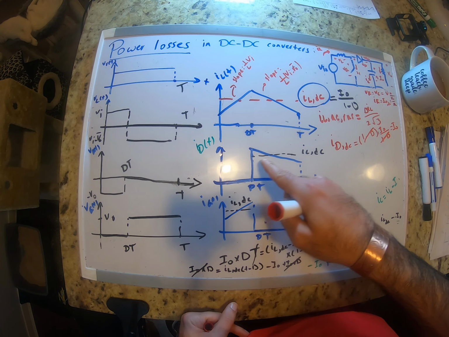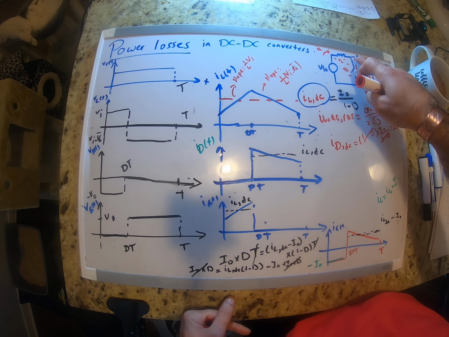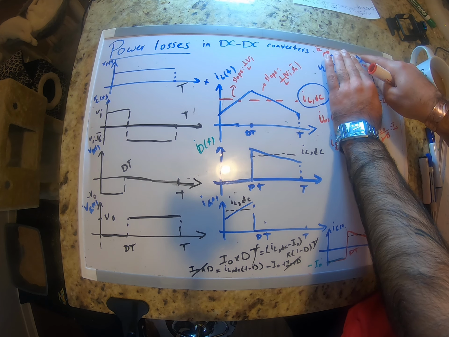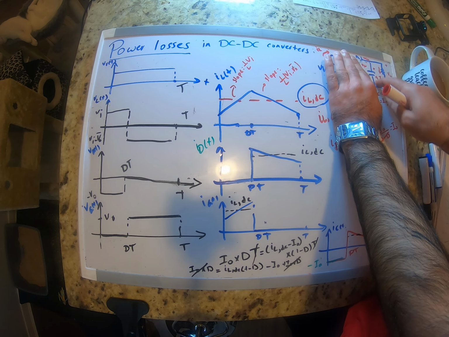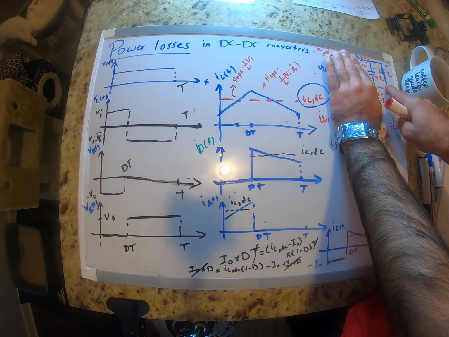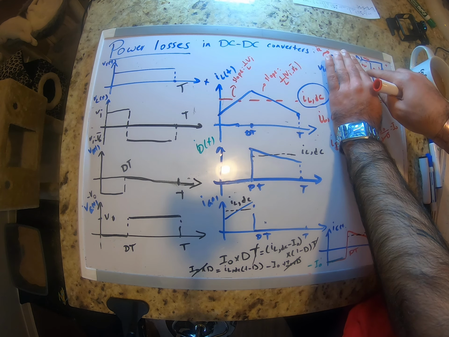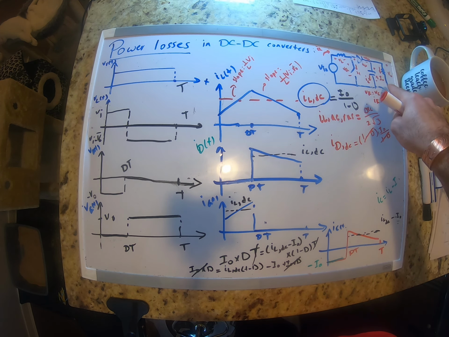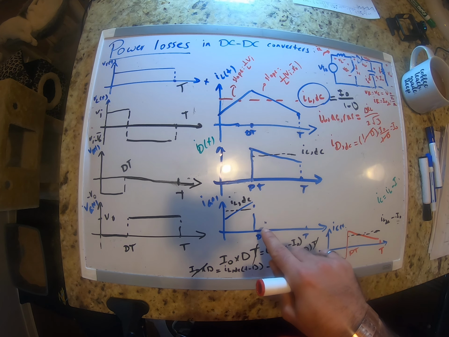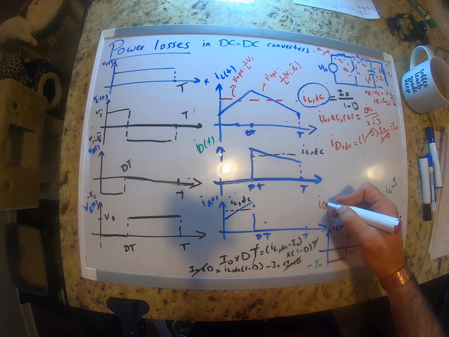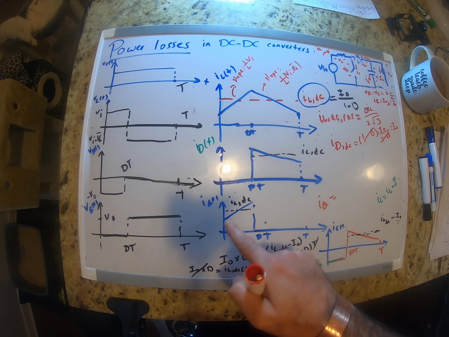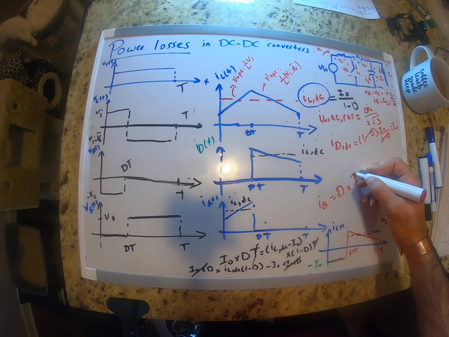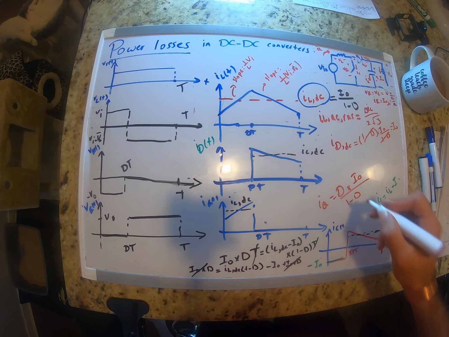So IDDC is equal to IO, which is kind of obvious here, because the diode current is equal to the capacitor current plus the R current, and the average of the capacitor current is 0 by amp-second balance, right? So the average of ID has to be equal to the average of IO. The same thing for here. This is not going to be 0, but it's the same concept. This is going to be D times ILDC, so I can replace it by IO divided by (1 minus D).